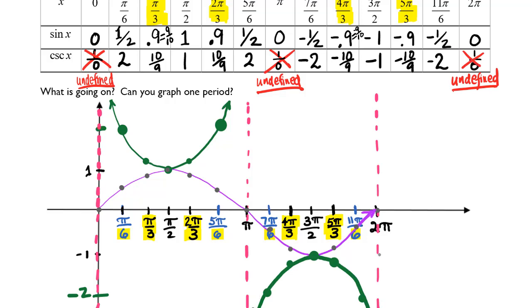You may recall from some pre-calculus class you've had that these curves, if they're tending toward a vertical asymptote, will hug those asymptotes to infinity, or negative infinity, as the case may be.